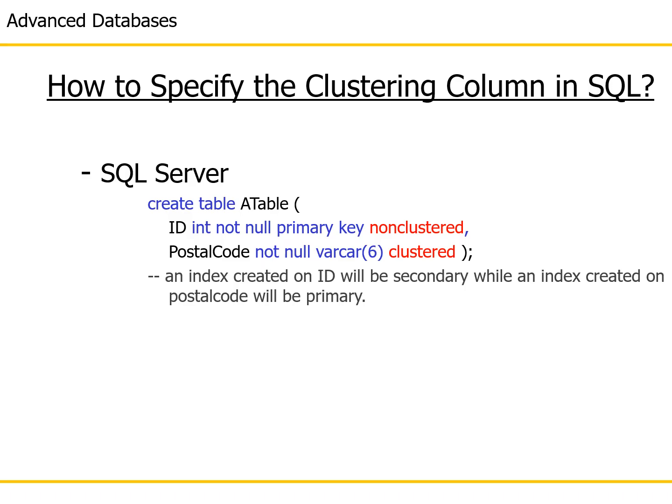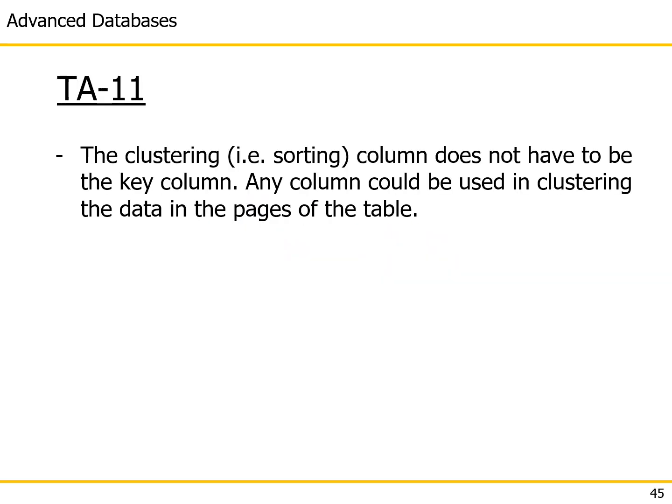Whether the rows are sorted according to that or not, that's another question. So don't confuse the notion of primary key with clustering with indices. So here is the takeaway. The clustering or sorting column does not have to be the key column. Any column could be used in clustering the data in the pages of the table.